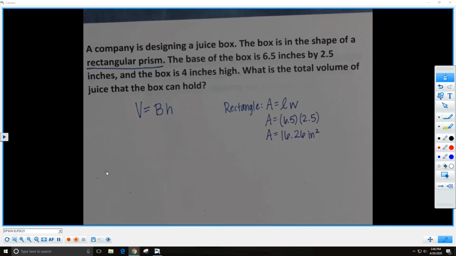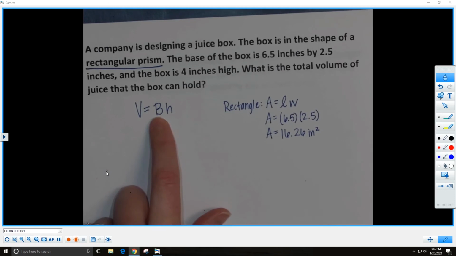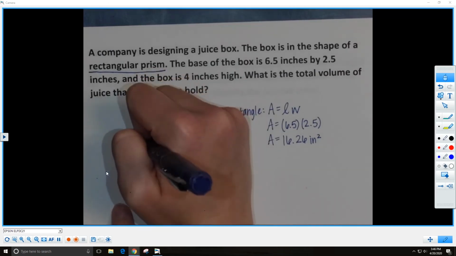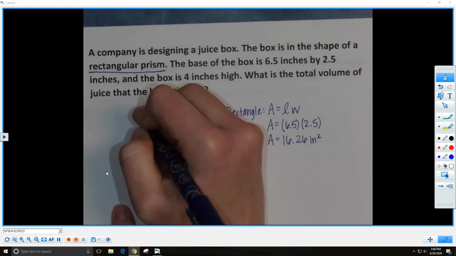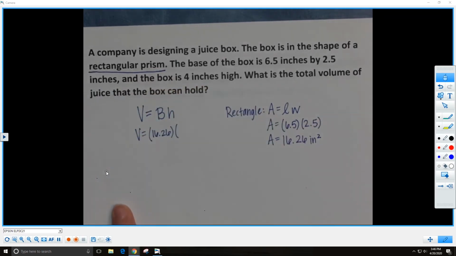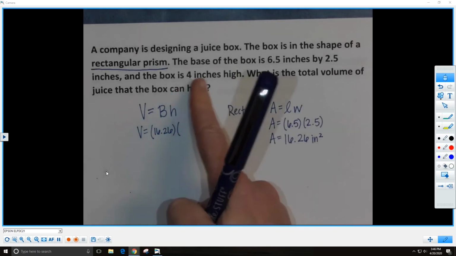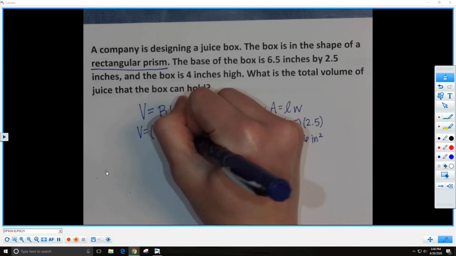That is the area of the base. But in order to find the volume, remember that we need this formula and we need to multiply the area of the base times the height. So the area of the base that we just found there was 16.25 multiplied by the height of this rectangular prism, which is 4 inches. It tells us it's 4 inches high.